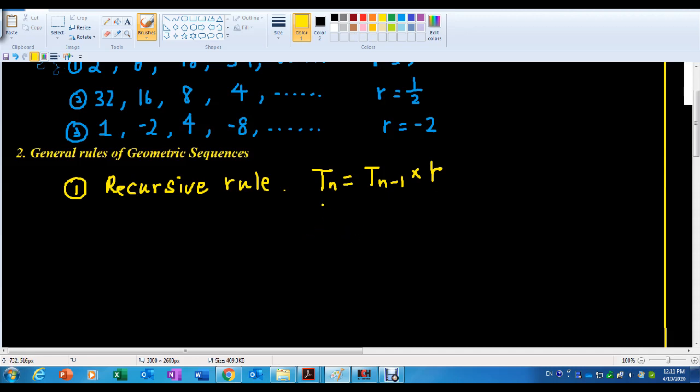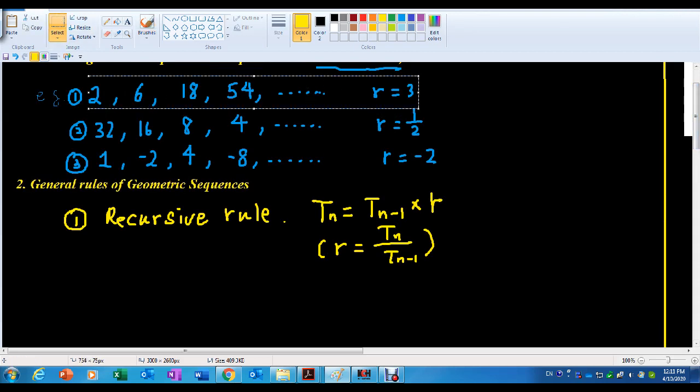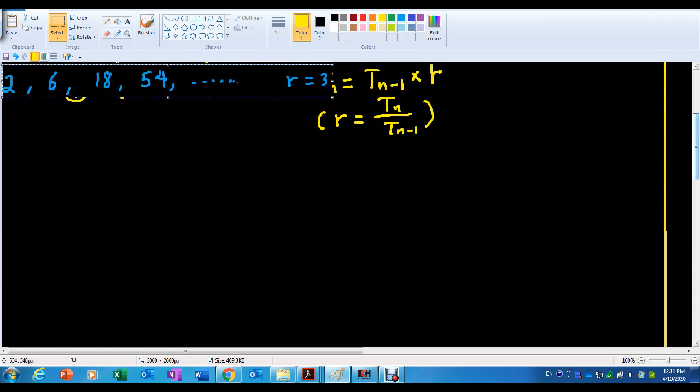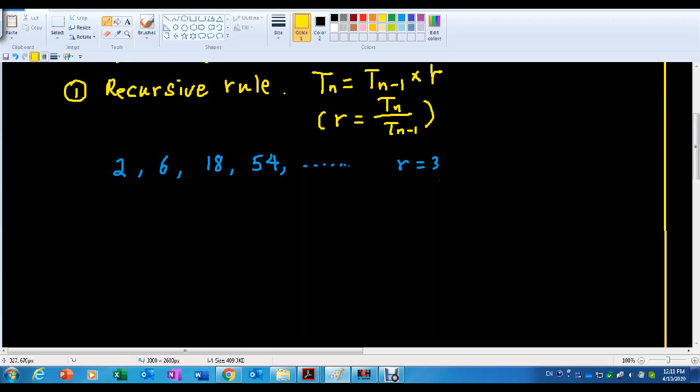From this recursive rule, we have one implication. Let's use our first example. For this geometric sequence, how could we write the recursive rule?